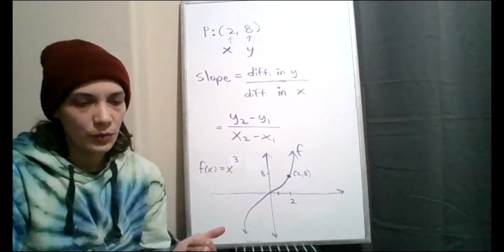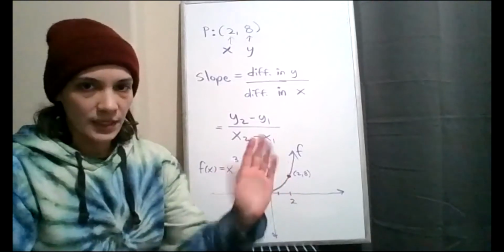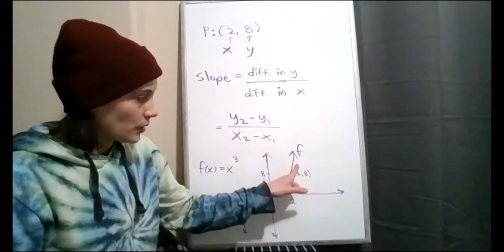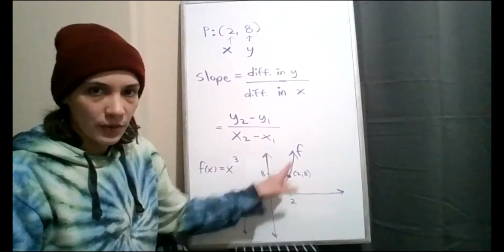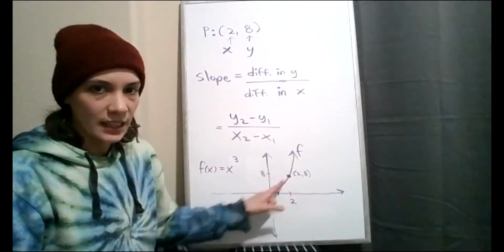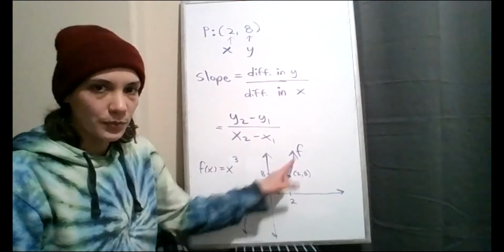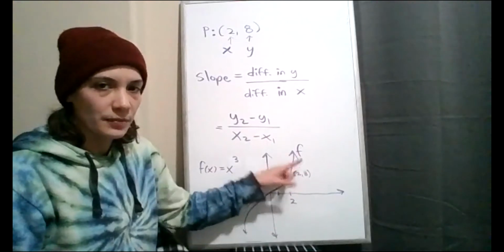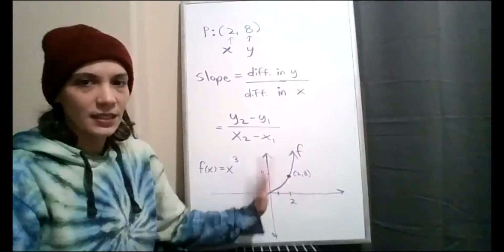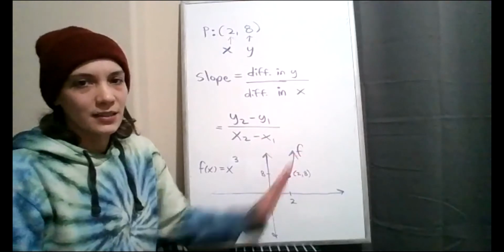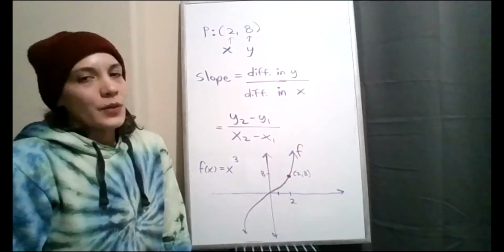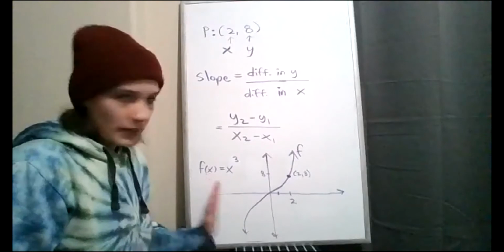So now we want to find different points that get closer and closer to 8 from the right side and the left side. And after finding different slopes for those points, we'll know what the tangent line is. We're going to start from the left side.